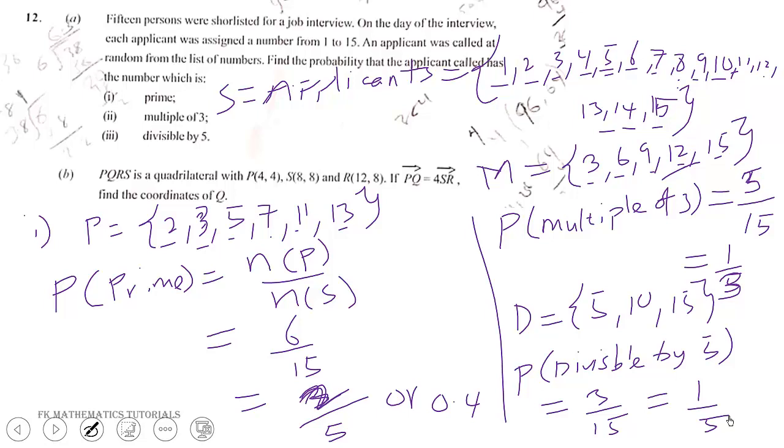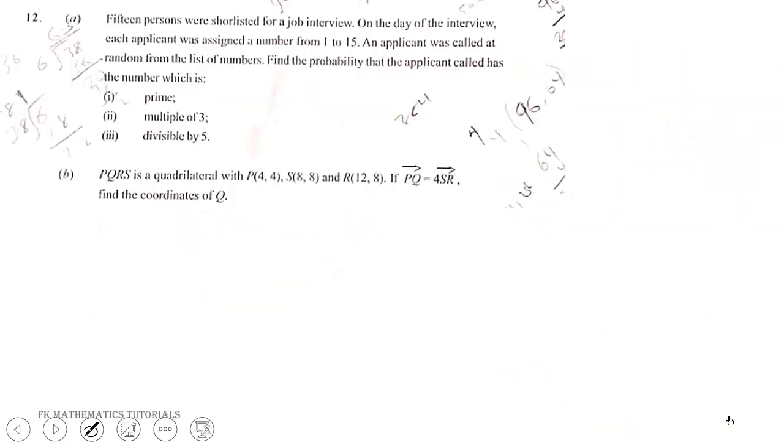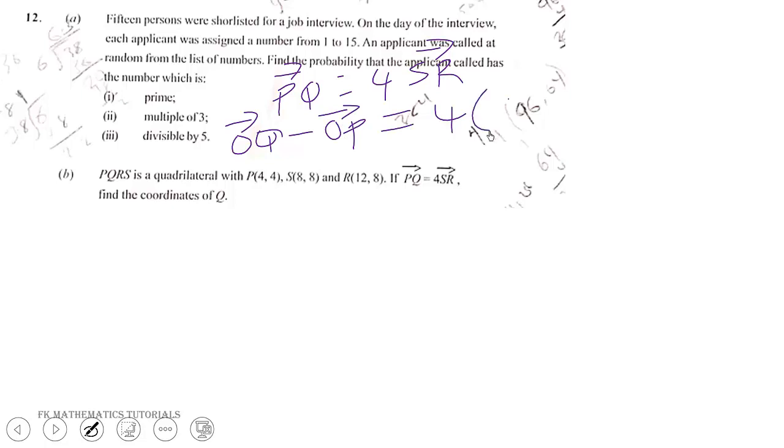If vector PQ is equal to vector SR times 4, find the coordinates of Q. So we're given that vector PQ is equal to 4 times vector SR. So vector PQ is vector OQ minus vector OP, which will be equal to 4 times vector OR minus vector OS.